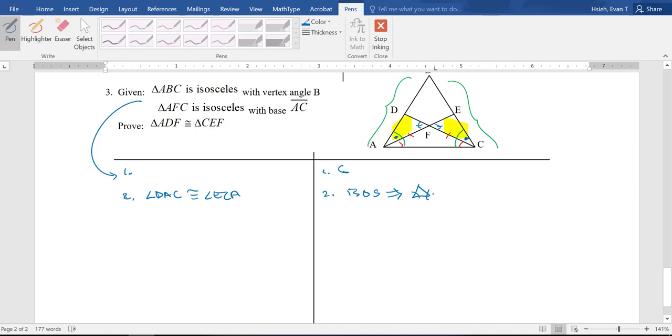I can also say, same thing here, that angle FAC is congruent to angle FCA for the exact same reason. If isosceles, then the base angles are congruent. Now I can do a subtraction property, so angle DAF is congruent to angle ECF by subtraction.